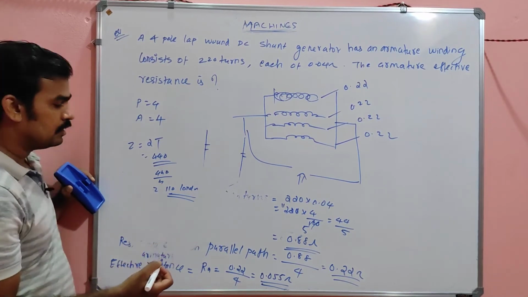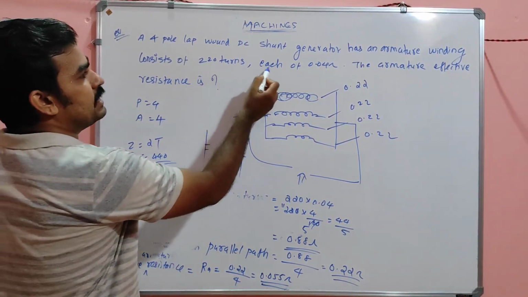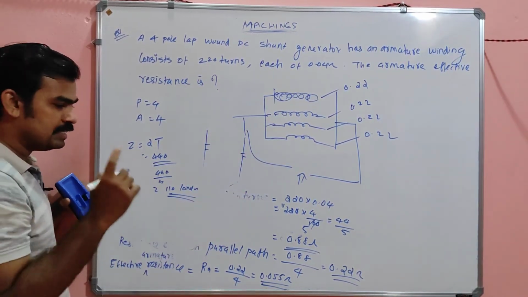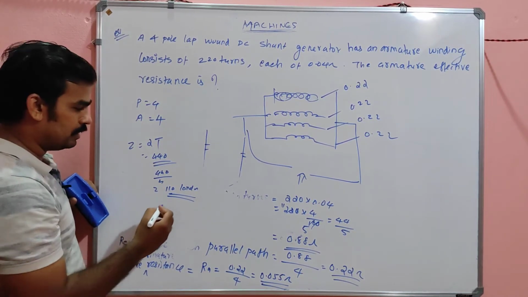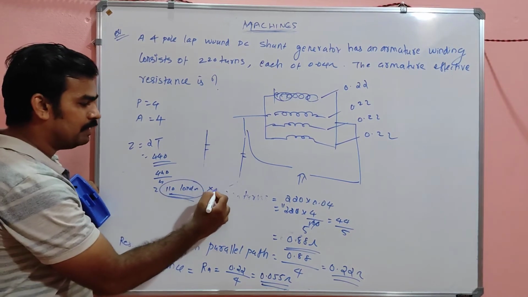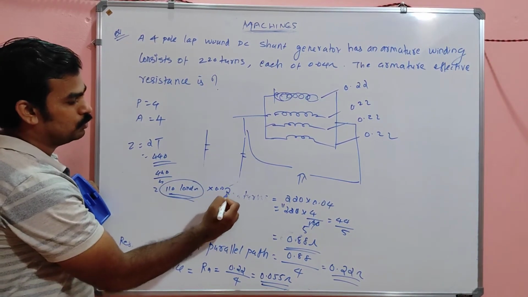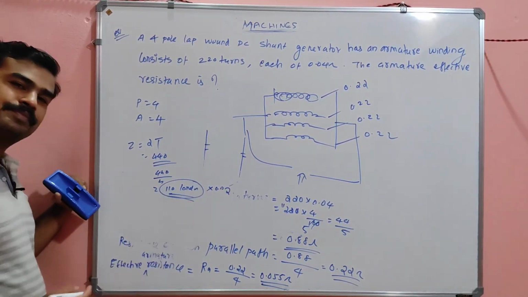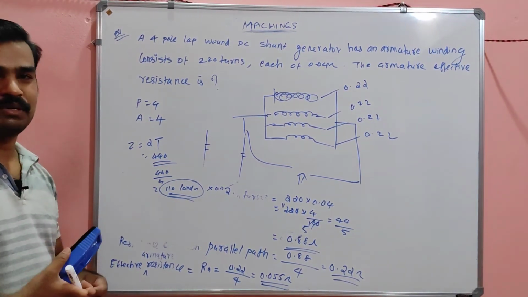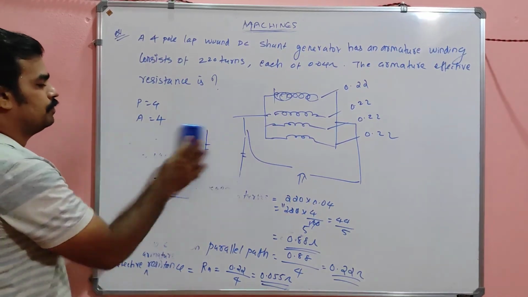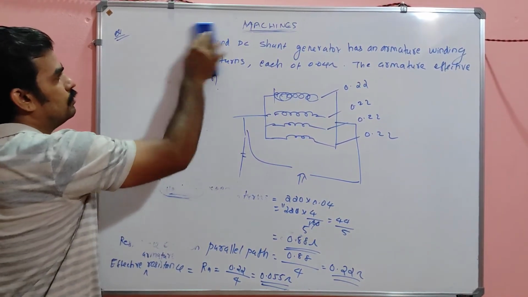Each turn contains 0.04 ohm, which means one conductor is 0.02 ohm, correct? So 110 conductors will be 110 into 0.02. That will be the total, and these are again connected in parallel. In that way also you can solve it. Anyway you can solve.